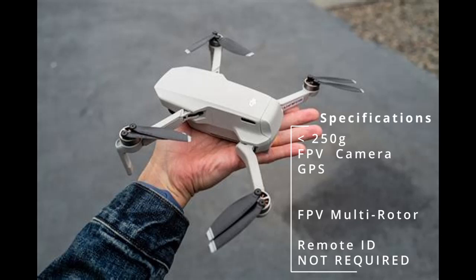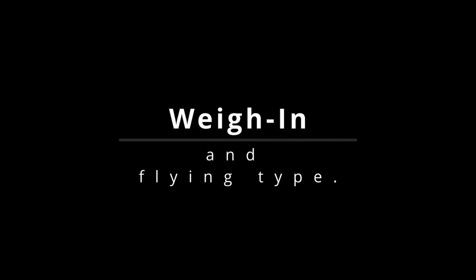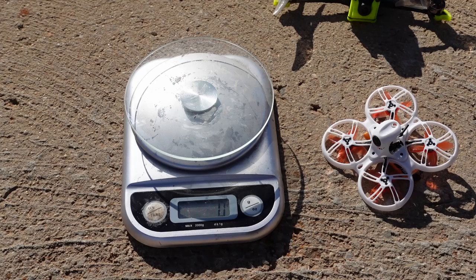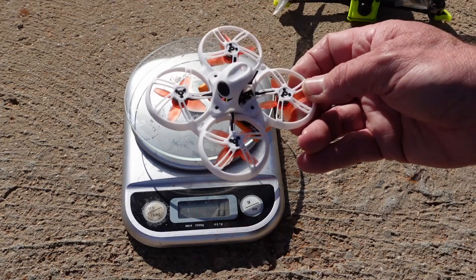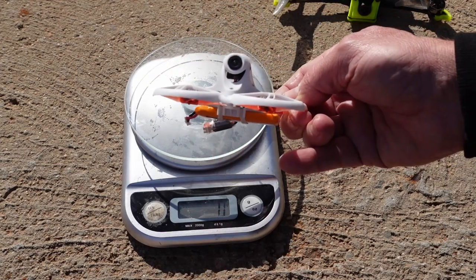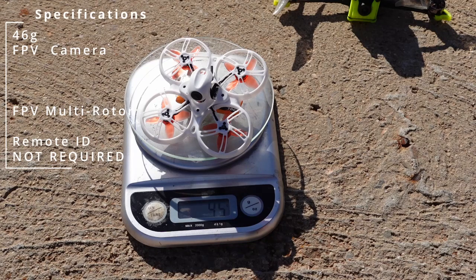As an example, I've just got some kitchen scales from home, and I'm going to weigh a couple of the drones and airplanes that were out on the flying field today. This is an Emax drone. It has an FPV camera, no GPS, weighs 46 grams, so that definitely doesn't need a remote ID module.